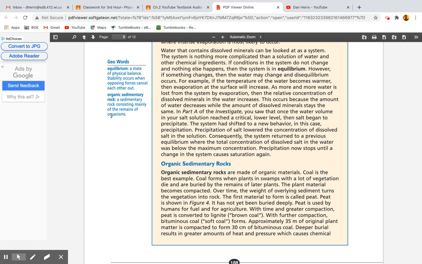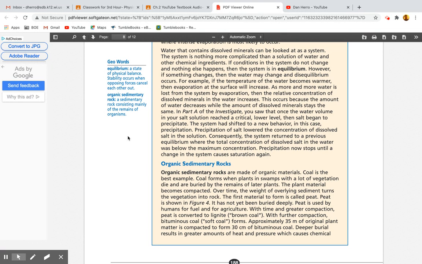Water that contains dissolved minerals can be looked at as a system. The system is nothing more complicated than a solution of water and other chemical ingredients. If conditions in the system do not change and nothing else happens, then the system is in equilibrium. However, if something changes, then the water may change and disequilibrium occurs.